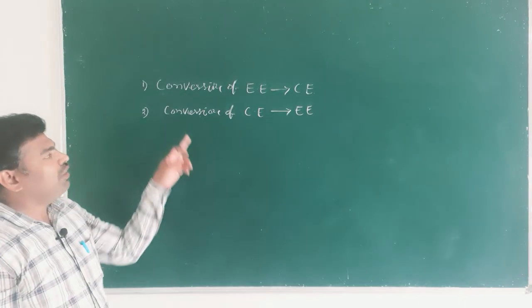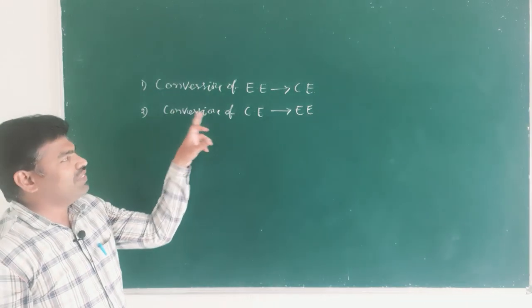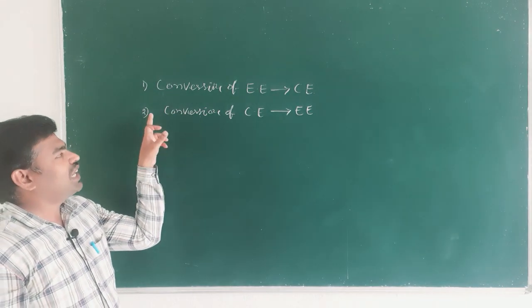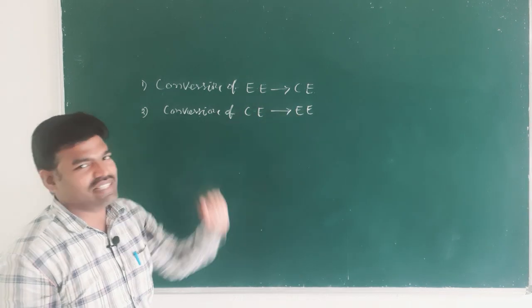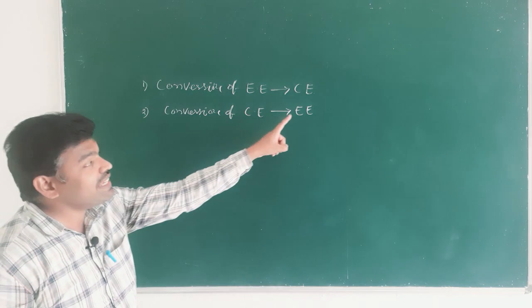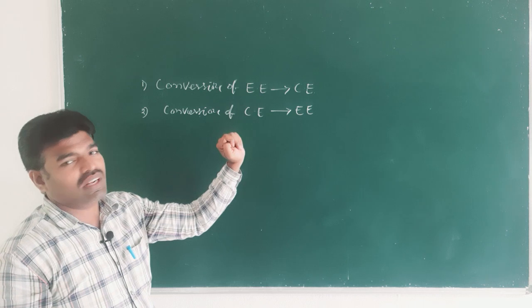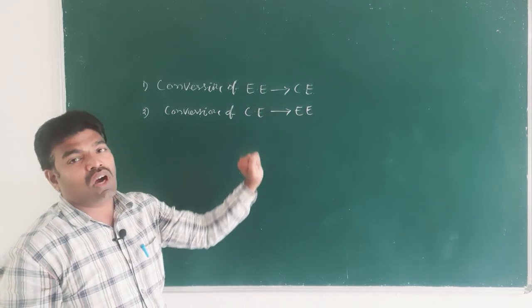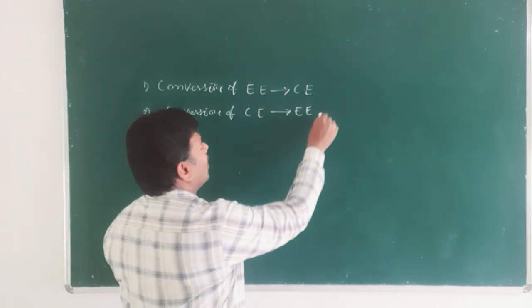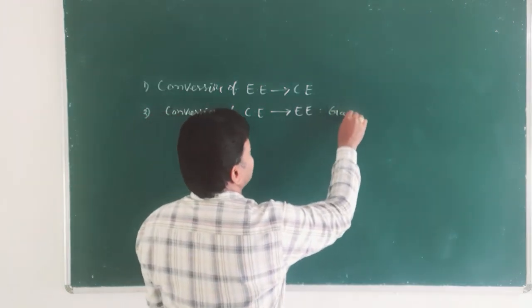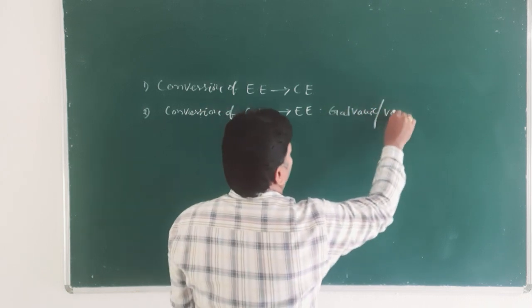Today we shall deal with the conversion of chemical energy into electrical energy, which can be done by a galvanic or voltaic cell.